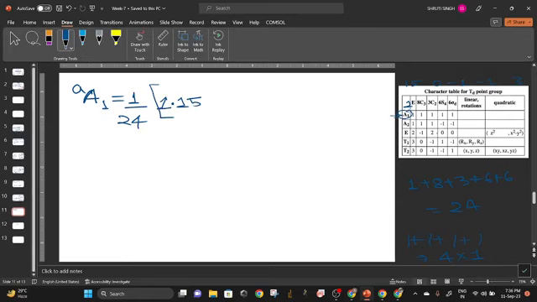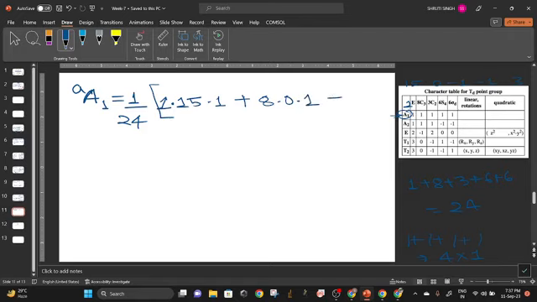We don't have to consider all these, just this row. So that is 15. Next, the coefficient 8 times the reducible character 0 times the irreducible character 1.